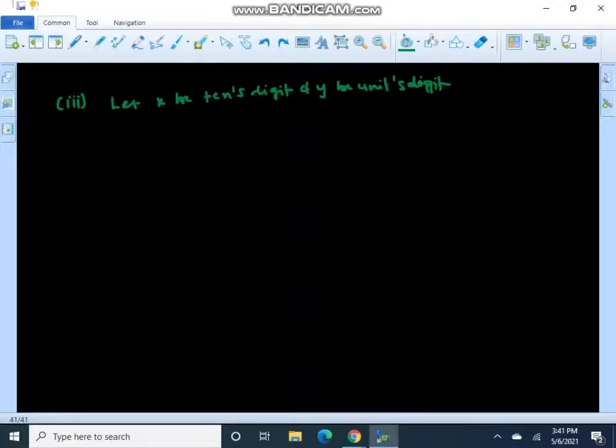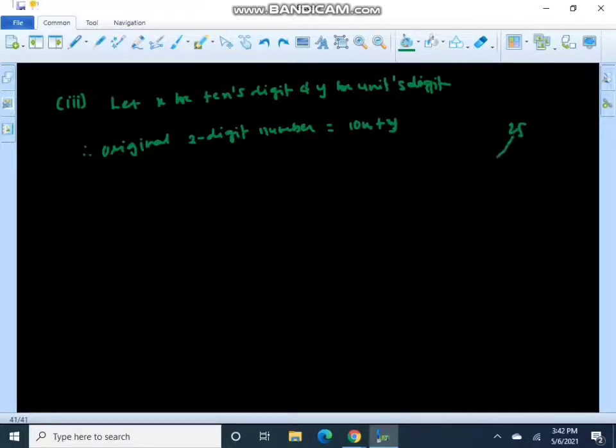Okay, clear? And therefore the original number, what is the format of a 2-digit number? x is at the tens place, so 10x plus y. Okay, this is the 2-digit number obtained.